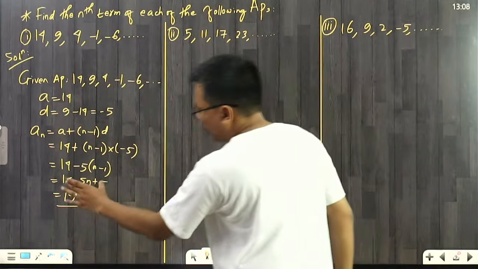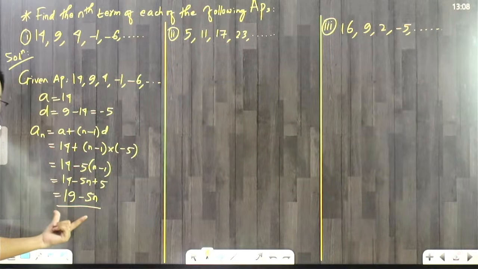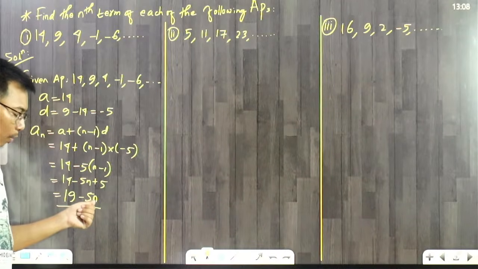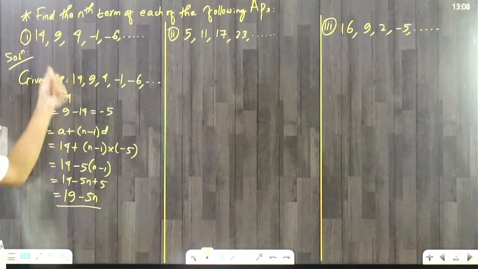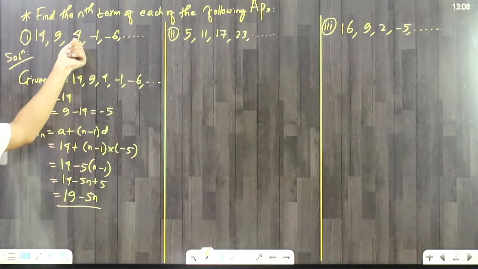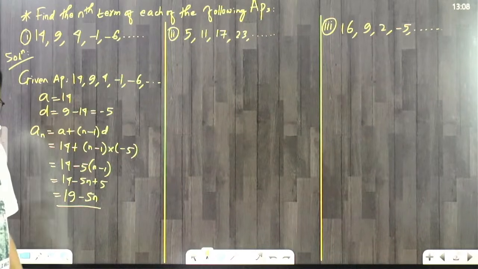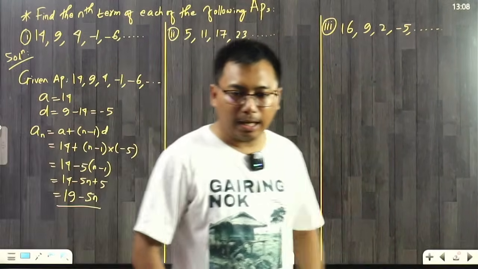Which means this is the nth term of an AP. This is the AP itself. If you put 1 in place of n, you'll get the first term. If you put 2, you'll get this. If you put 3, you'll get this. If you put 4, you'll get this. Clear? So this is basically our nth term.